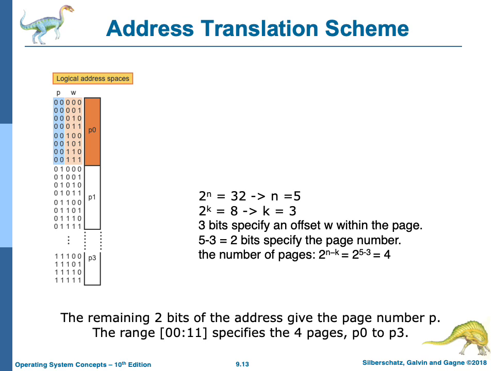Then once we have defined 3 bits for the offset, the remaining 2 bits, 5 minus 3 is 2, will represent the page number. And then the total number of pages will be equal to 2 to the n minus k, which is 2 to the 5 minus 3, which is 4 pages.